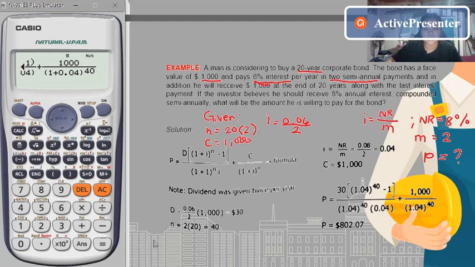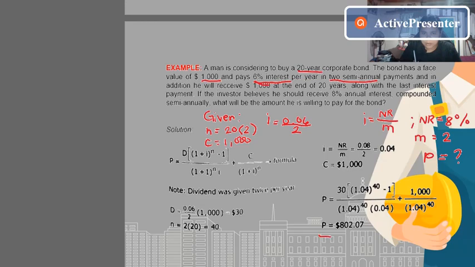Our final answer will be $802.07 US dollars. This is the amount to pay for the bond in order to receive 8% annual interest. That will be our topic for bonds.